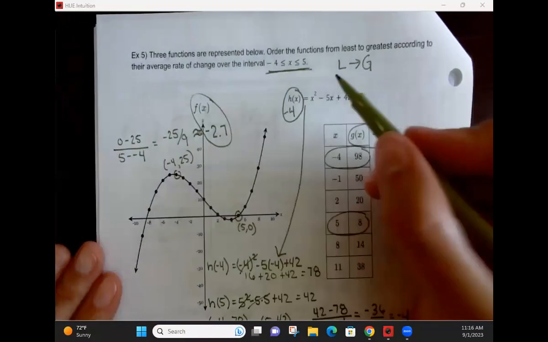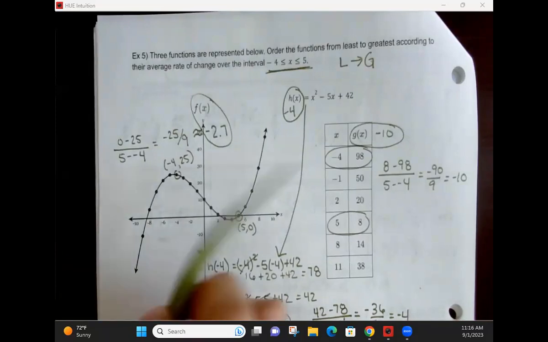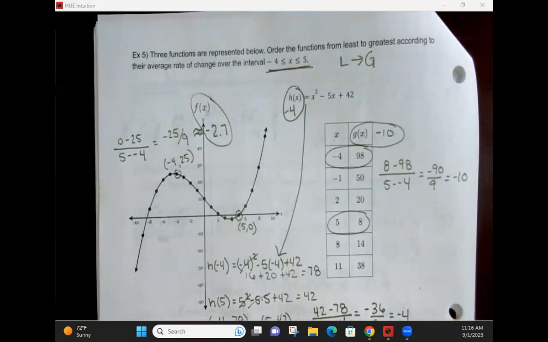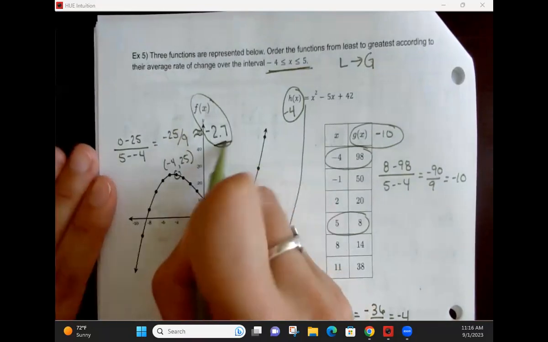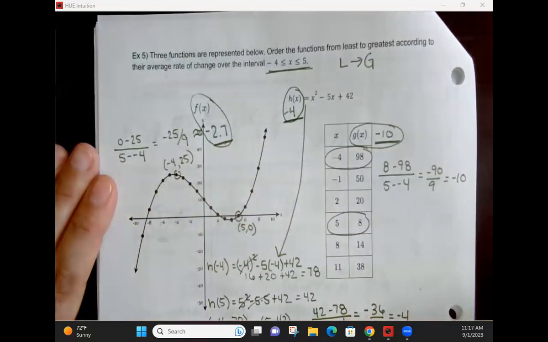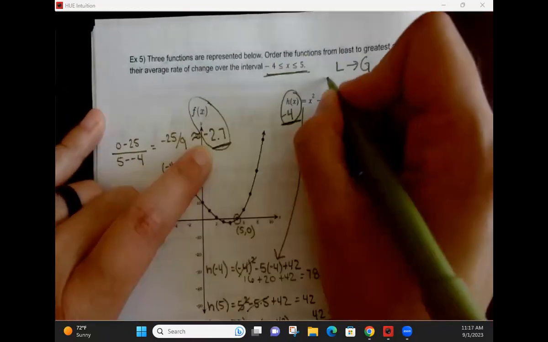Now I asked you to order these from least to greatest according to the amount of change that we're having here. So for which of these functions do we change the least? f of x, we're changing the least, right?